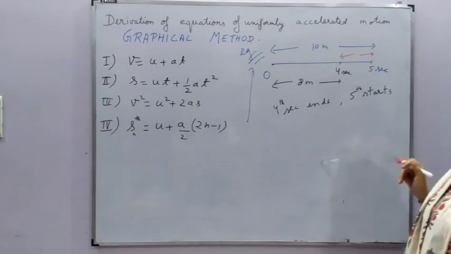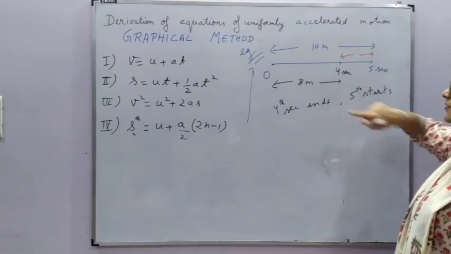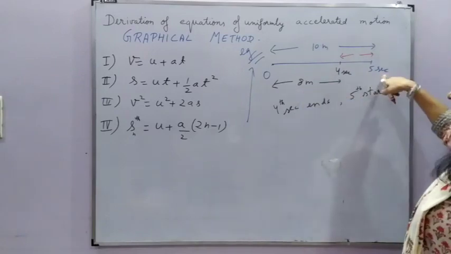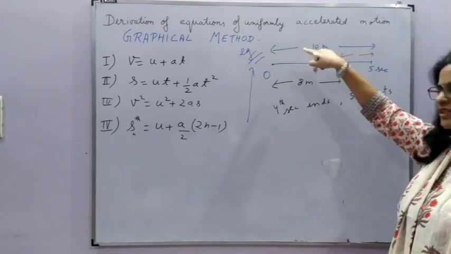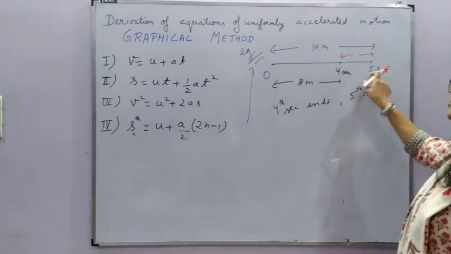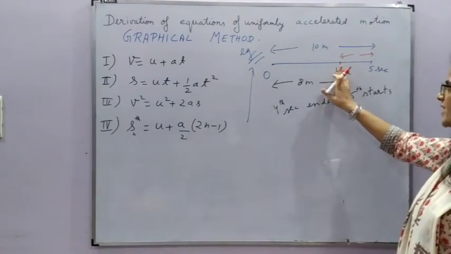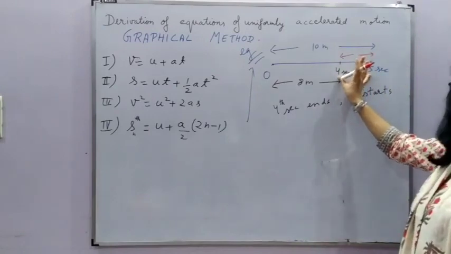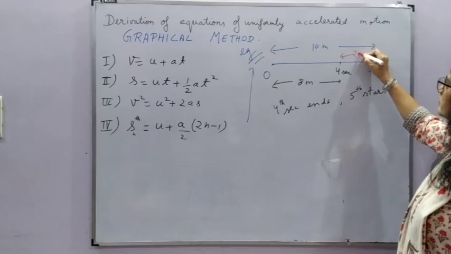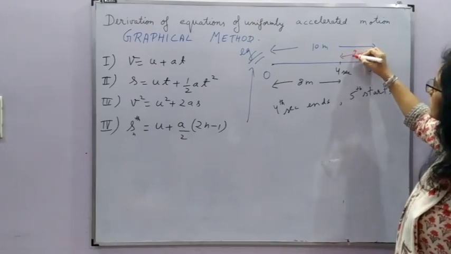So what does that mean? For this particular case, the distance travelled in 4 seconds is 8 meters and in 5 seconds is 10 meters. So the distance travelled in the fifth second, that is in the last second after the end of the fourth second, is 2 meters.